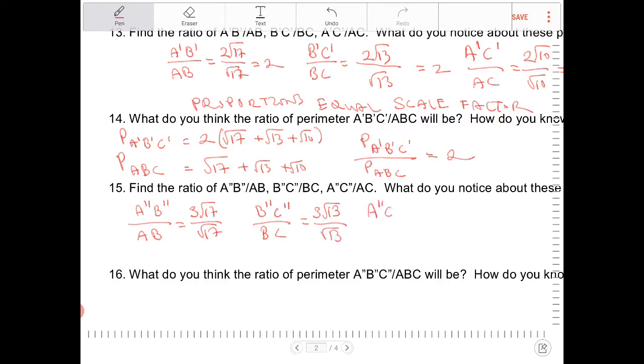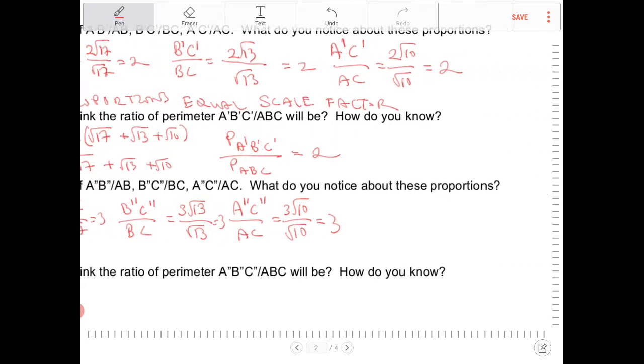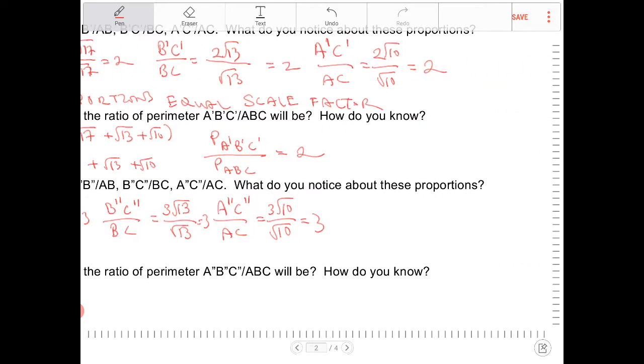And A double prime C double prime over AC. This is 3 square root of 10 over square root of 10. And these will all equal 3. What do you notice about these proportions? Proportions equal scale factor.